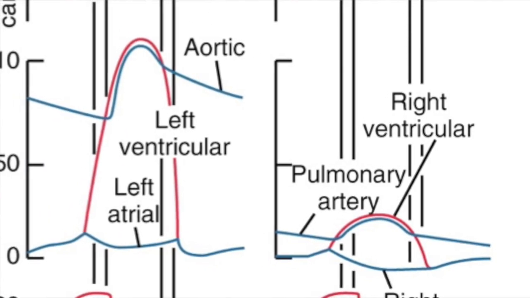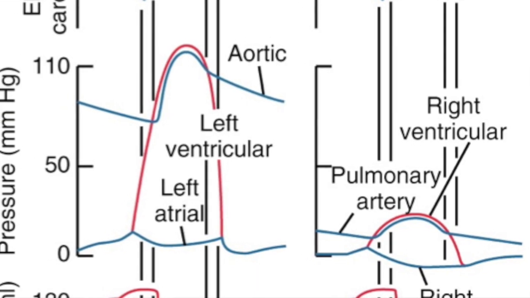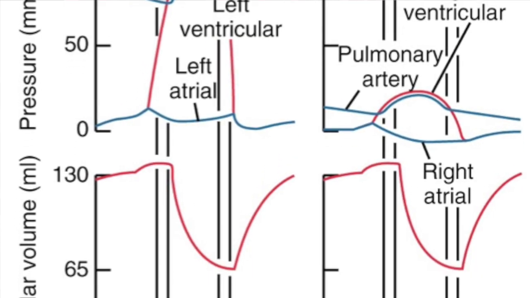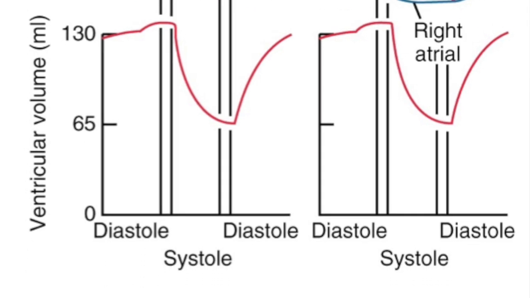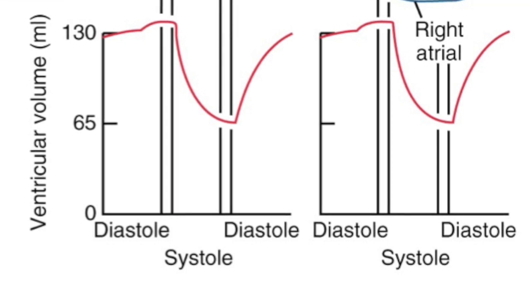And that's a key characteristic difference between the left and the right side of the heart, we call it the left and the right ventricle explicitly. Now down below that you see the volume and the volume change over time. And there you see again on the left side, the volume in the left ventricle, on the right side the volume in the right ventricle.